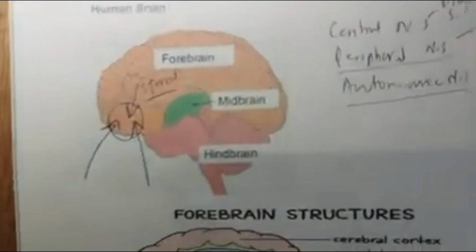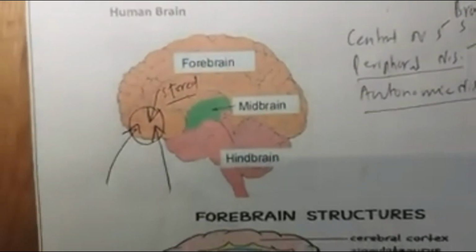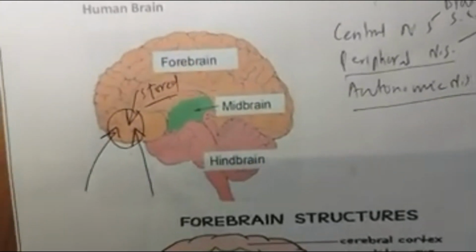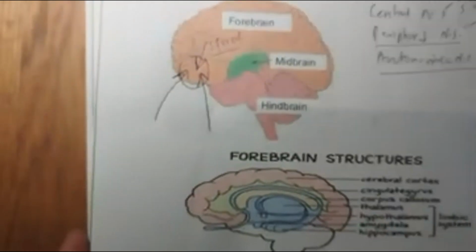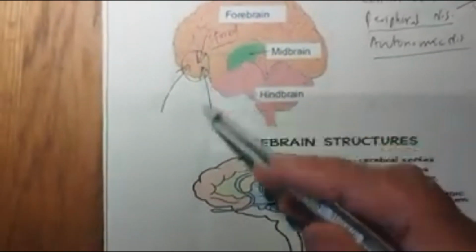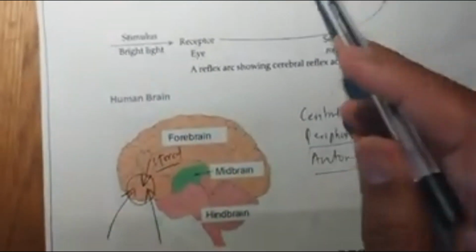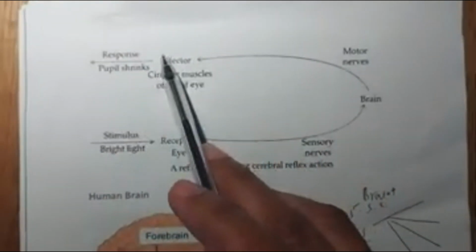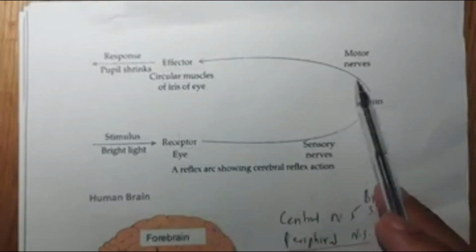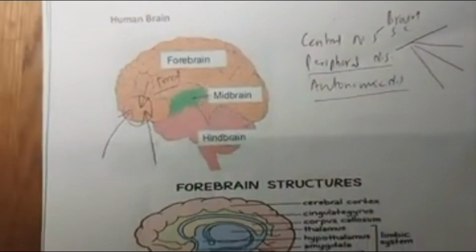Then once the decision is made, it is used to action the effector neuron, the motor neuron, such as in the case of the light reflex. There is a motor neuron for other actions as well.